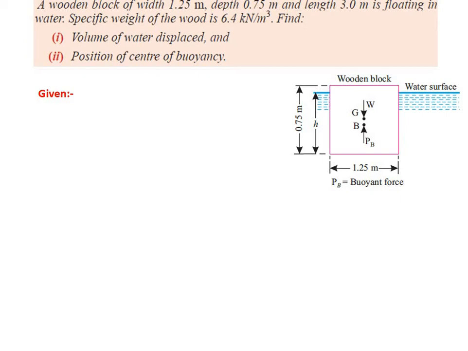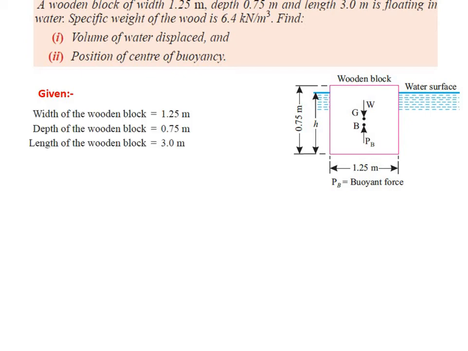Let the point G be where W, the weight, acts in downward direction. Let FB be the buoyancy force acting at point B, the center of gravity of the immersed body, acting in upward direction, and let H be the height up to which it is submerged. The length of the wooden block is 3 meter.